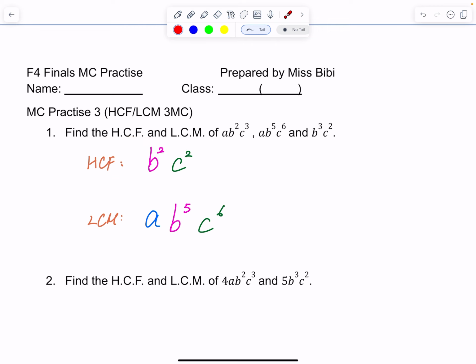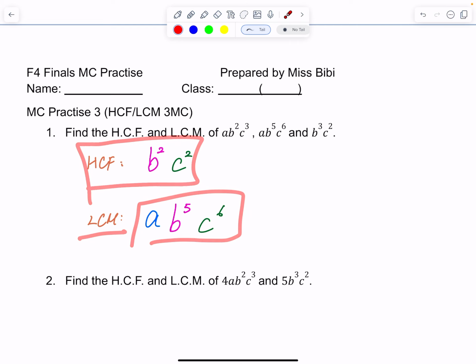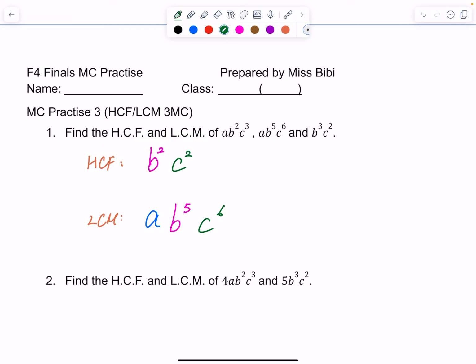For LCM, use the highest power possible. Use the highest power for LCM. Use the lowest power for HCF.